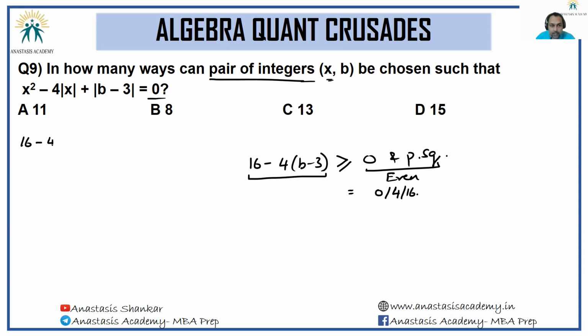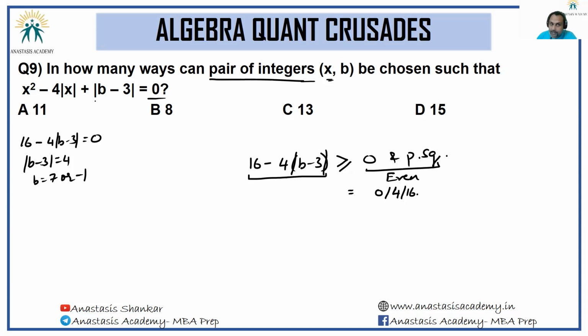First is 16 minus 4 times mod of b minus 3, this is mod here, sorry, is equal to 0, which gives me mod b minus 3 is equal to 4. So b is equal to 7 or minus 1. But it doesn't stop here. Just because you've potentially identified a value of b, that doesn't mean a value of x has been identified.